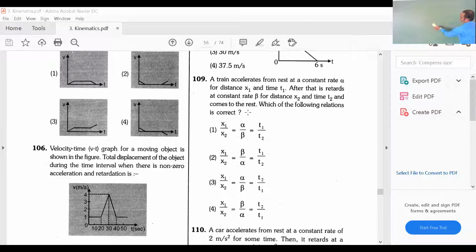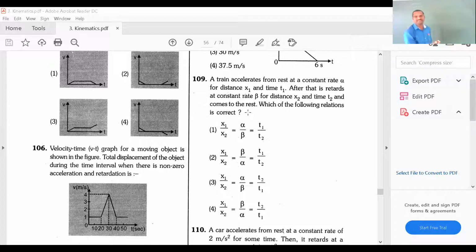What are they saying? A train is accelerating from rest. Initially it starts from rest, accelerating at a constant rate alpha. The acceleration of the train is alpha, and it is accelerating for a time t1 for a distance of x1.